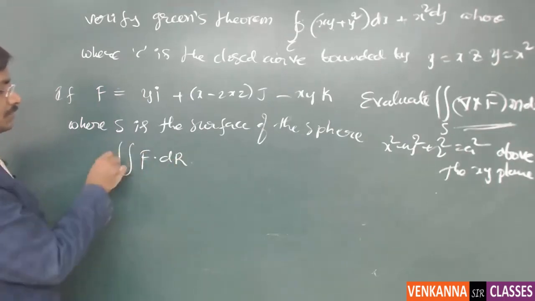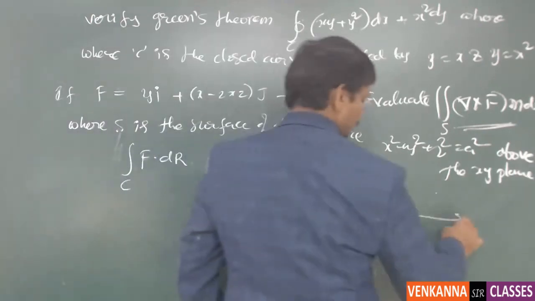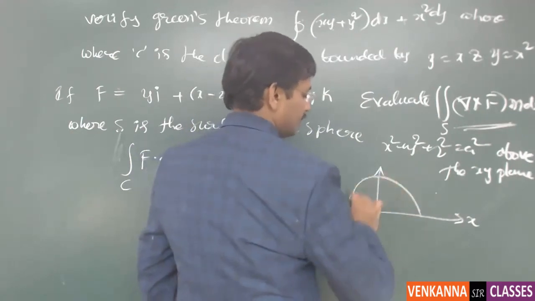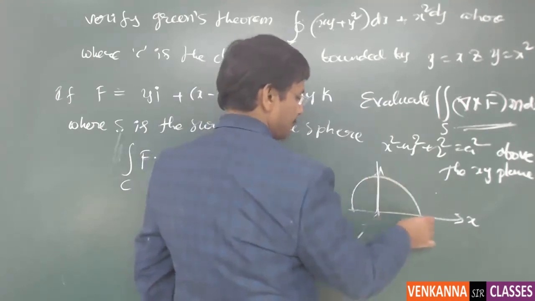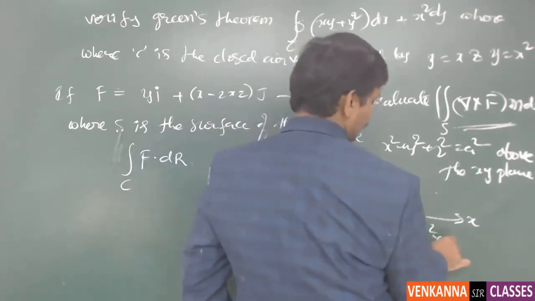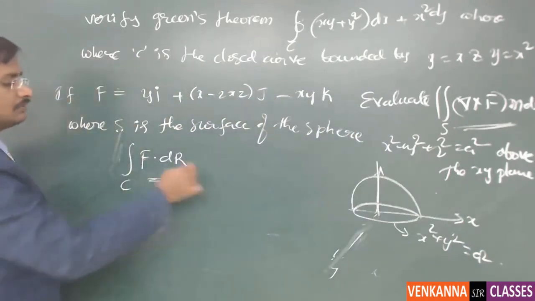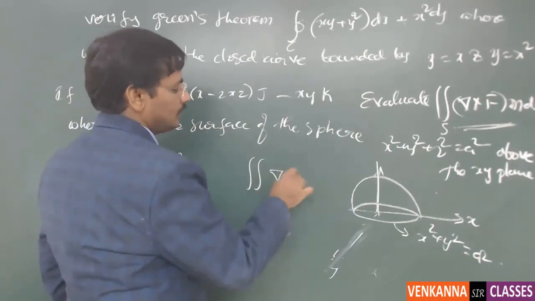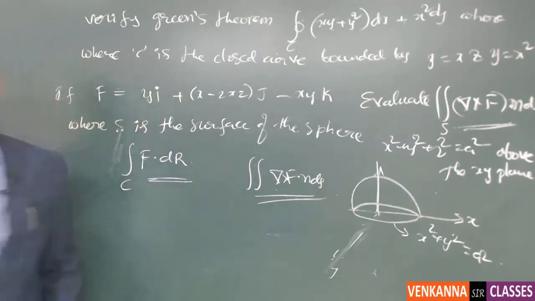As per Stokes theorem, F dot dr over the closed contour C, where this is x, this is y and this is z. Then this is the spherical shape like this, right? On this spherical shape, this is a closed contour whose equation is x square plus y square is equal to a square. With the help of Stokes theorem, some people can solve with the line integral, and some people can try finding del cross F dot n cap ds. Let us see if both tally.